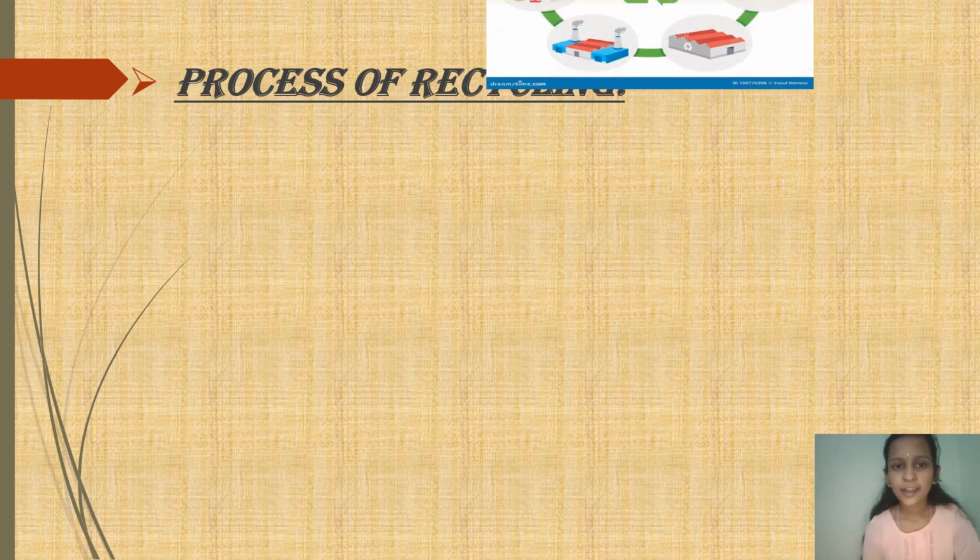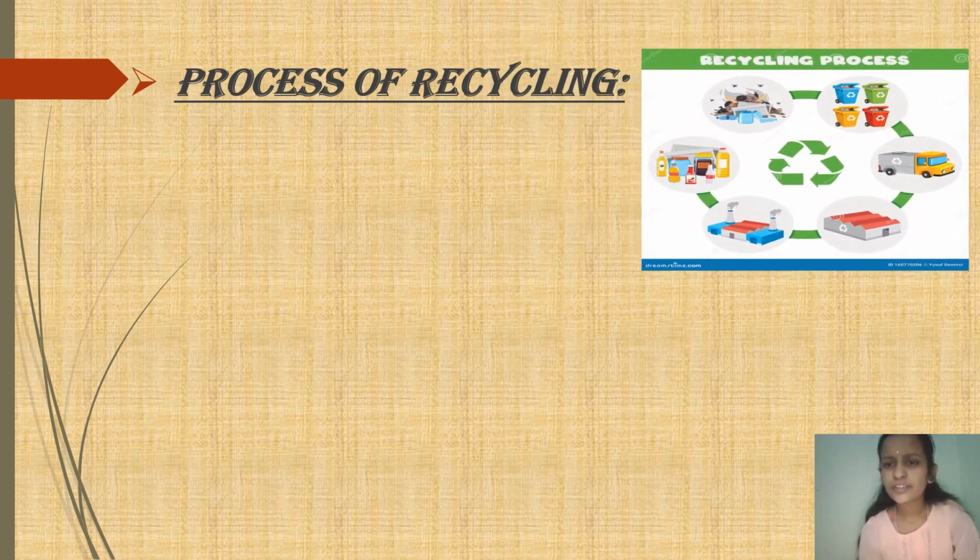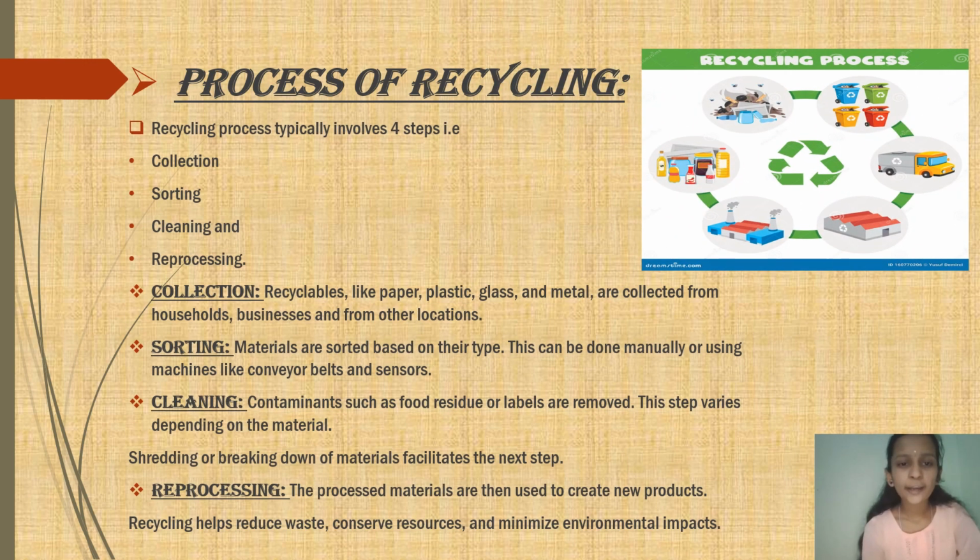Process of recycling. The process of recycling is generally in a cyclic manner and it involves several steps. Mainly it involves collection, sorting, cleaning and reprocessing. First is collection. It is a process in which the generated waste is collected in a particular location from different sources.